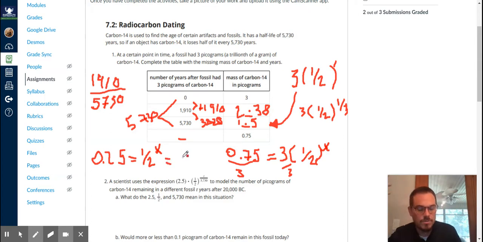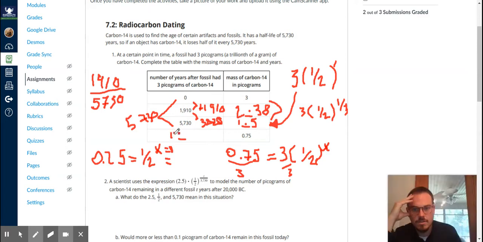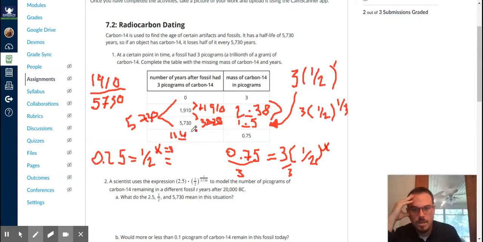Half of a half is 0.25, so that's one complete cycle. x is equal to 1 there. We know one cycle goes from 3 to 1.5, so an entire 5,730 years has gone by. All we need to do is add that back in to get 11,460. So that would be how we got to that next piece there.